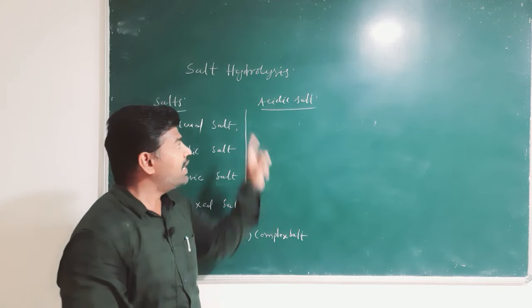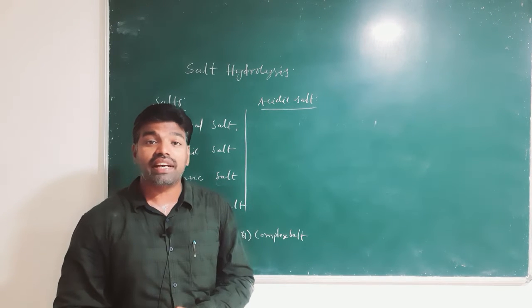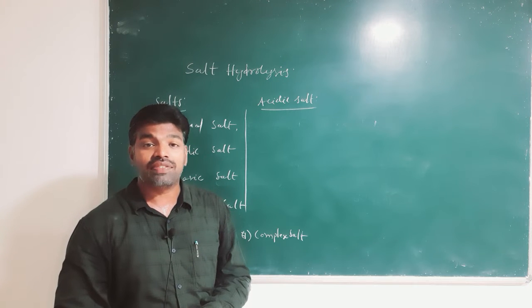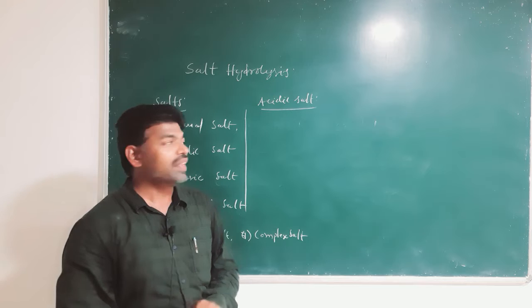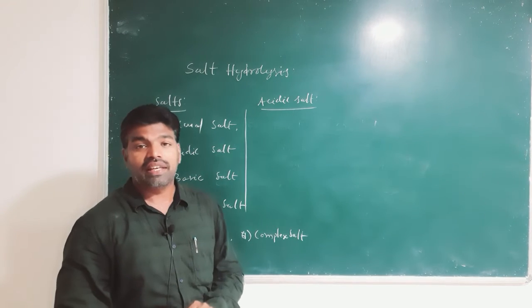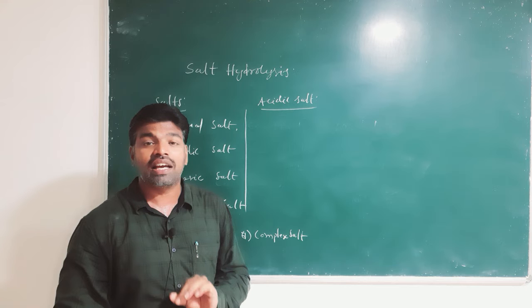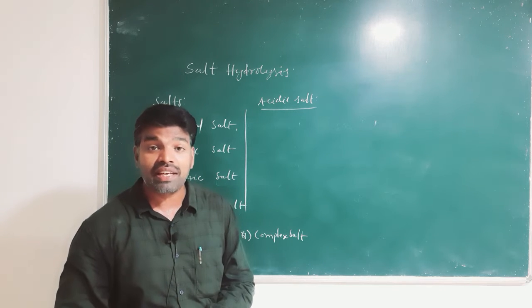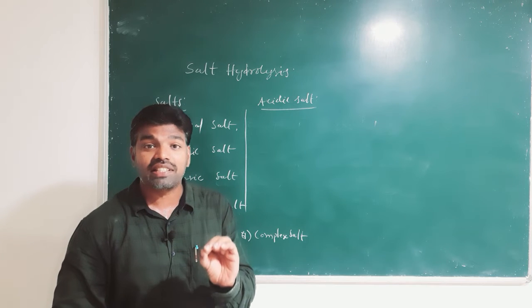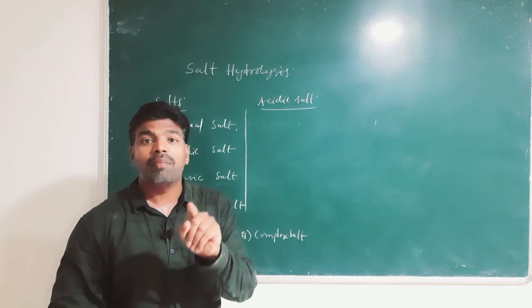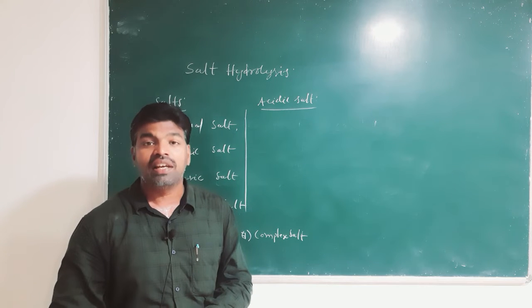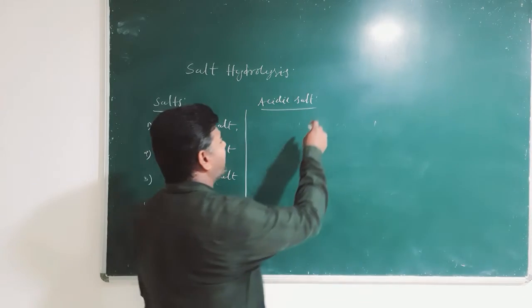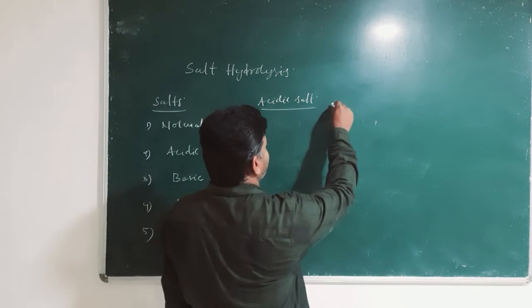I repeat, an acidic salt is a salt which releases H plus ions other than in the first ionization. That means it does not release H plus ions in the first ionization, but in the subsequent ionizations it releases H plus ions.